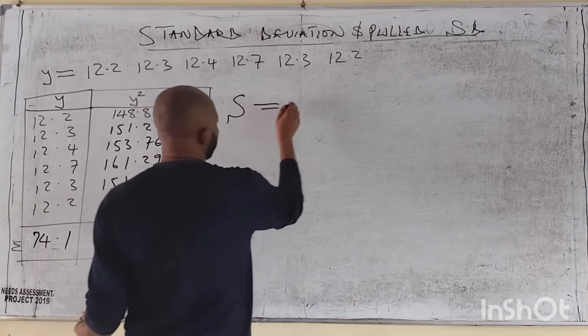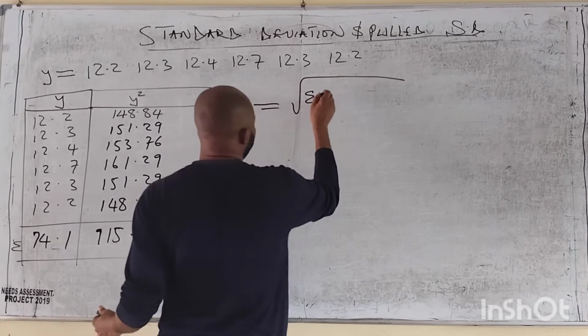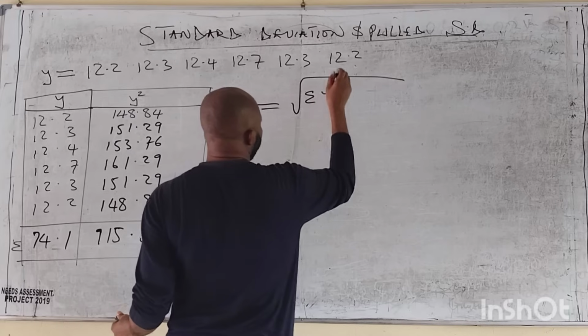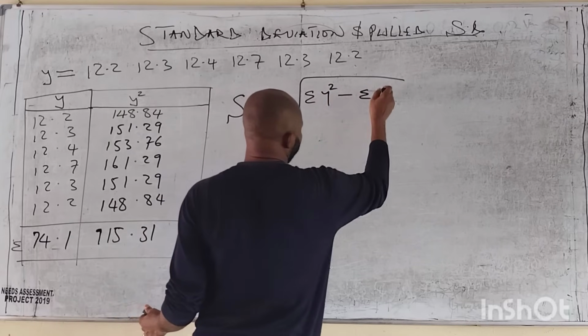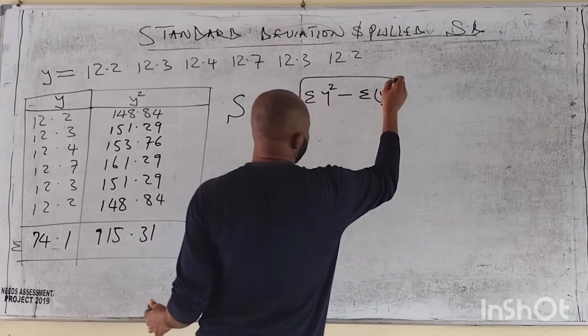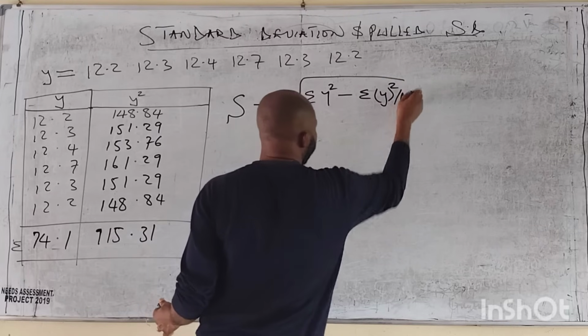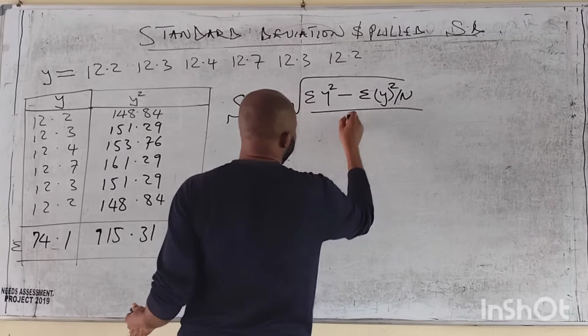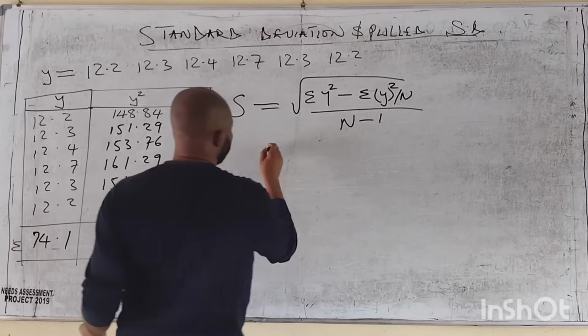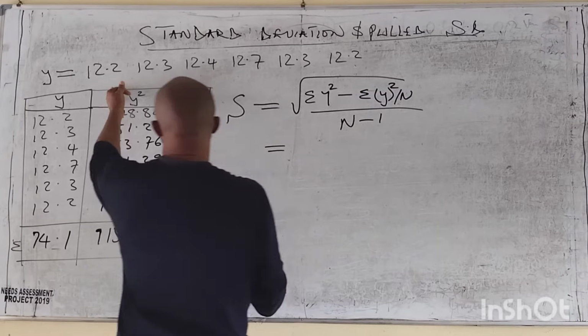This is equal to the root of the summation of y squared minus the summation of y, squared, over n, all over n minus 1. Now this is my y summation.